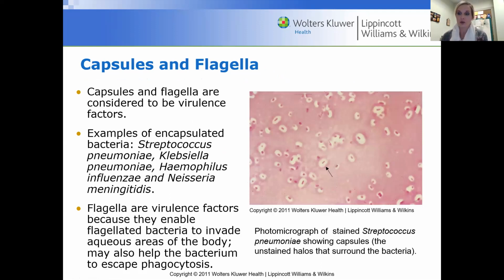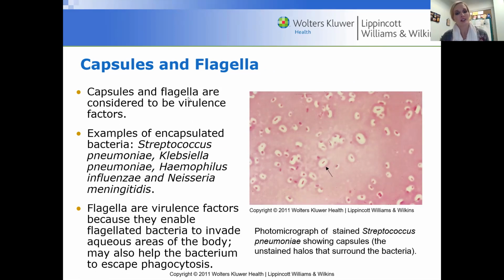Capsules and flagella, which we've already talked about with bacteria, are also going to be considered virulence factors. Capsules are on the outside of bacteria, almost acting like a shell. That's a virulence factor because it protects them from phagocytic cells that work to destroy these bacteria, protecting them from the immune system.